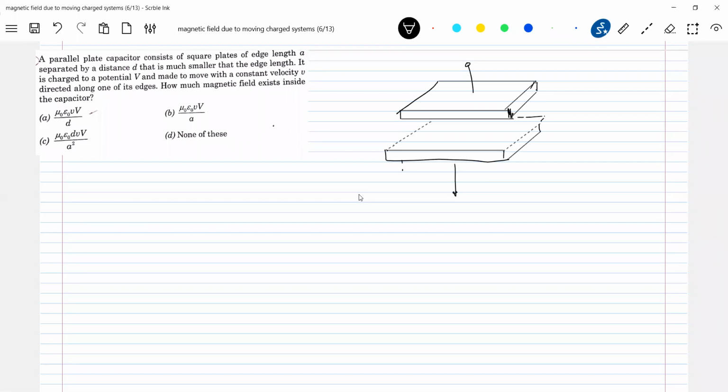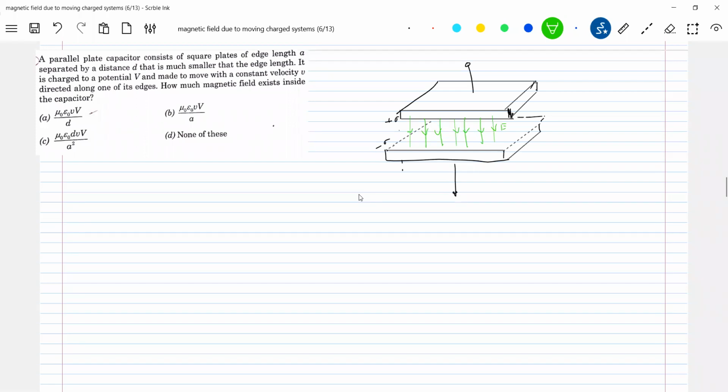This will have positive charge density. This will have negative charge density. And we know the electric field due to this. How these plates are moved and made to move with a constant velocity directed along one of its edges.